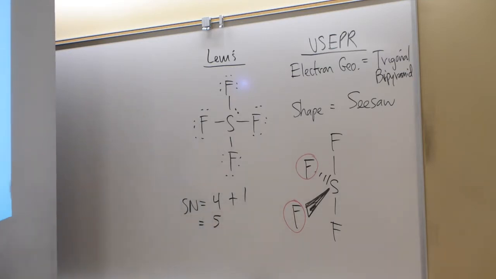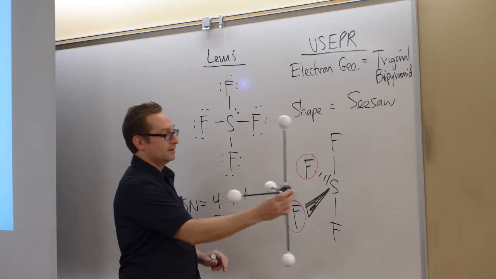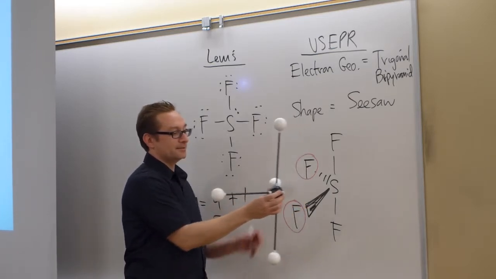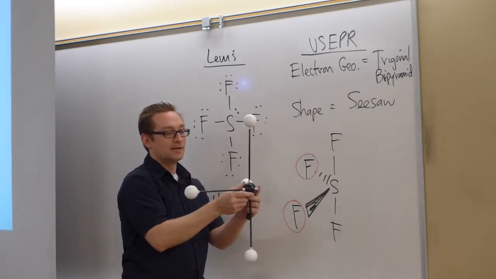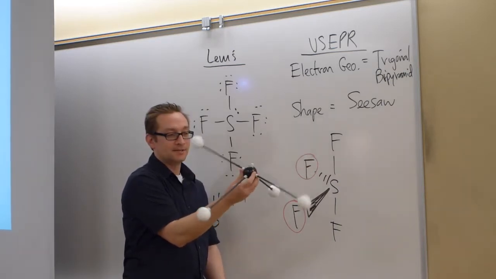All right, and so that's this molecule with an equatorial position removed. So here's my seesaw shape now. I took off one of the equatorials. If I turned it on its side, I would have a seesaw shape.